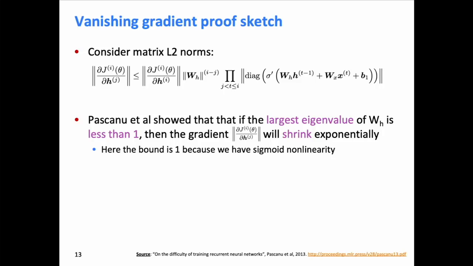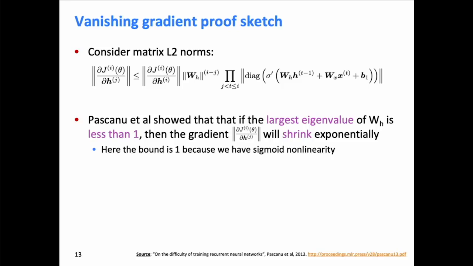If that number was greater than 1, then the whole thing is going to explode. And if that number is less than 1, then it's going to shrink exponentially as you multiply by the same number again and again. You can check out the paper for more details, but here the bound is 1, partially because we have the sigmoid nonlinearity, and that's based on the bounds of what we know the norm of the sigmoid function could be.